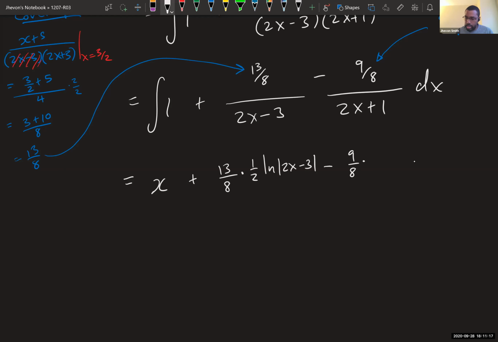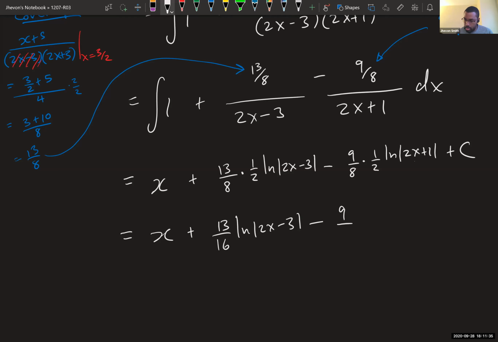Pull out the 9/8. This gives you ln of absolute value 2x plus 1. You have to multiply by a half because of the substitution. And so you get x plus 13 over 16 ln of 2x minus 3 minus 9 over 16 ln of 2x plus 1.